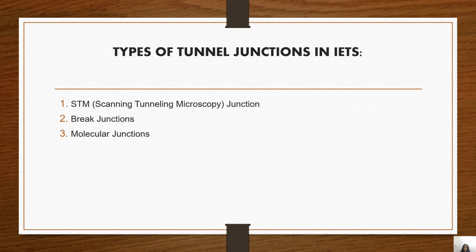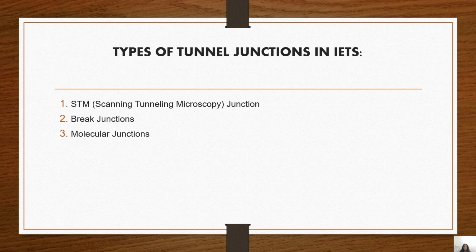The first junction is the STM junction, that is scanning tunneling microscope. The scanning tunneling microscopy is a powerful technique that allows for atomic level imaging and measurement of conductive surfaces. The STM junction is formed between a conductive tip and the sample surface, with a small and controlled gap between them. In an STM, a very sharp conductive metal tip is brought extremely close to the surface of a conductive sample, and a bias voltage is applied between the tip and the surface.